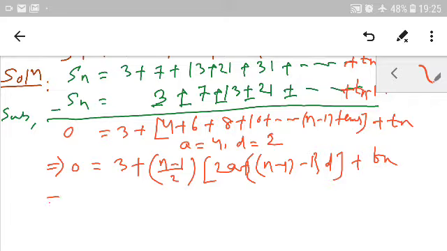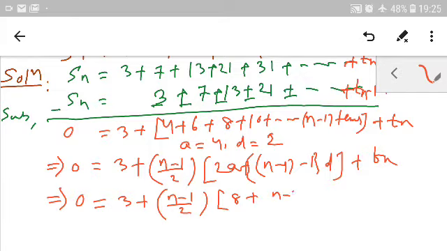Okay, so that implies 0 equals 3 plus (n minus 1) divided by 2 into 2a, that is 8, plus (n minus 2) into 2, plus Tn, right?